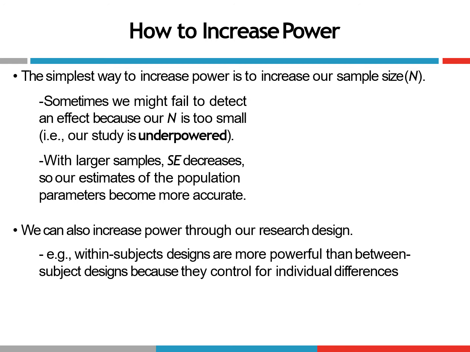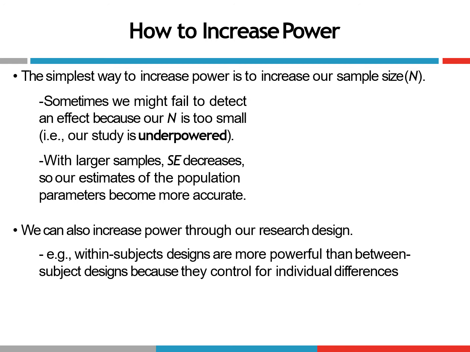So why is it that increasing our N or increasing our sample size is also going to increase our power? Well, as we talked about when we talked about sampling error, one of the best ways to decrease sampling error is to increase our sample size. Because the bigger our sample is, the better able our sample is going to be to approximate the population parameter.